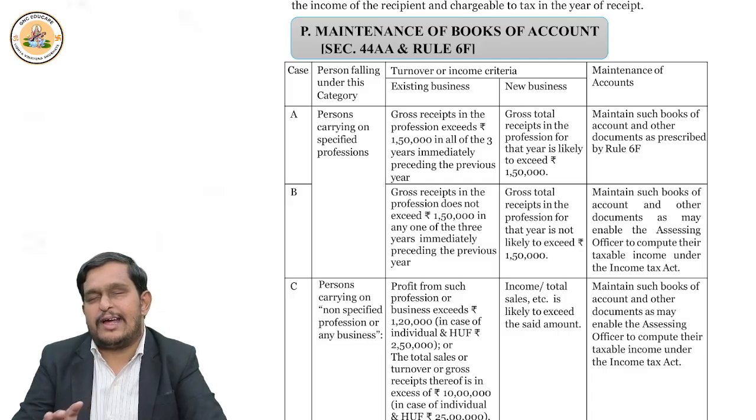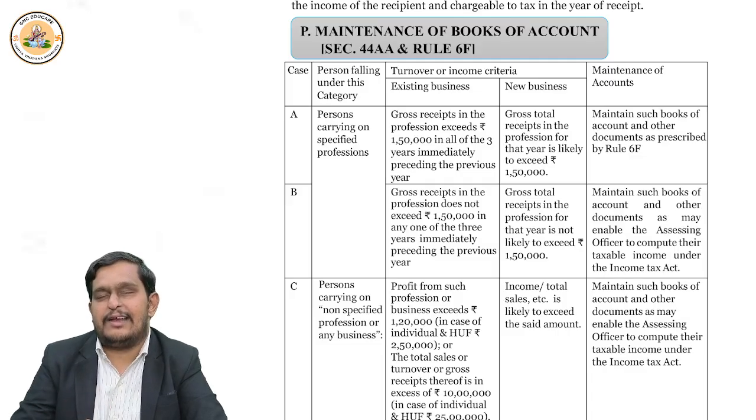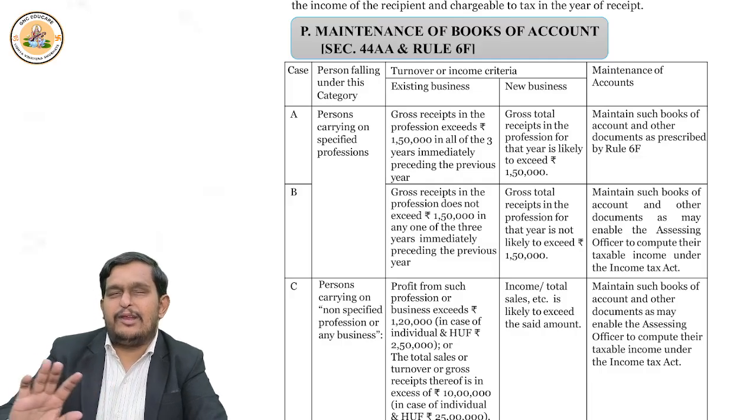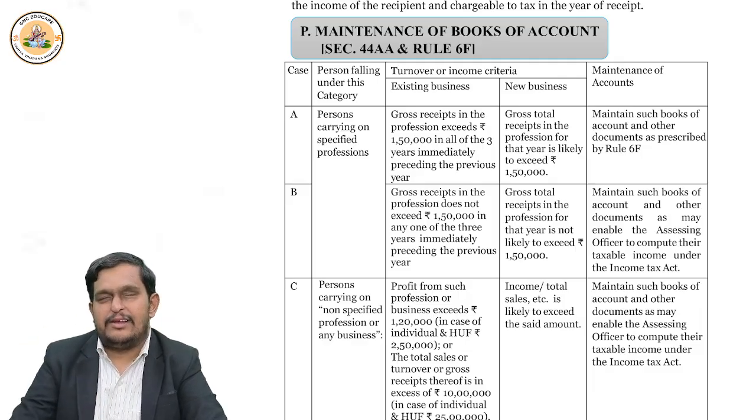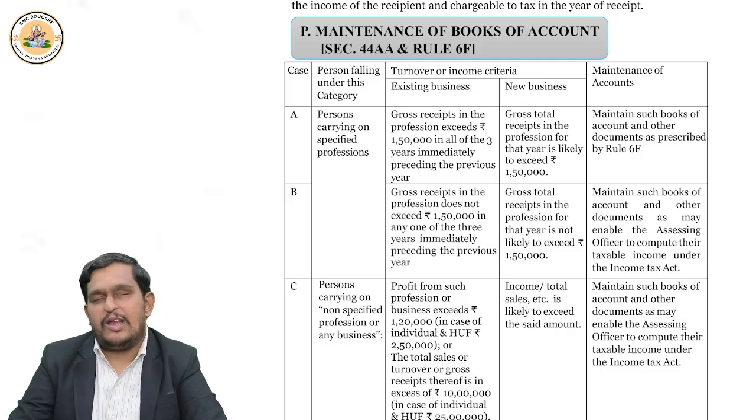For them the rules are different, which we'll discuss under E and F, right? So if you are filing a return under any of these sections, then E and F will be applicable to you, right? But for all other assessees, A, B, C, D will apply, right?